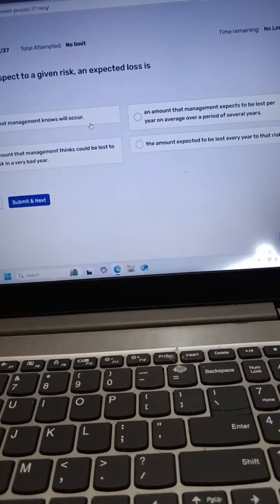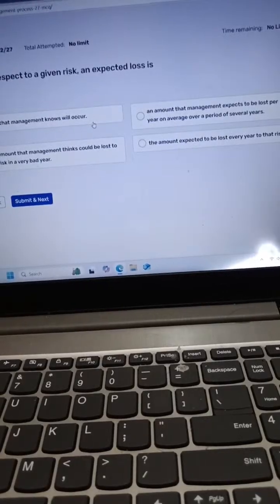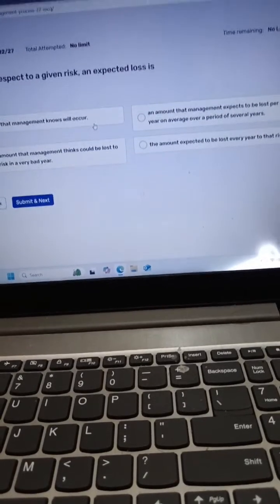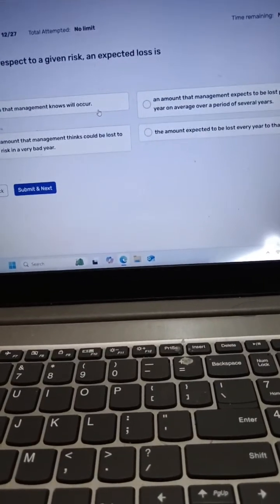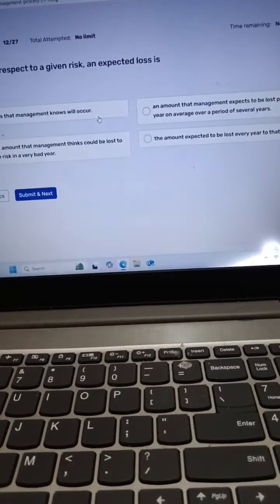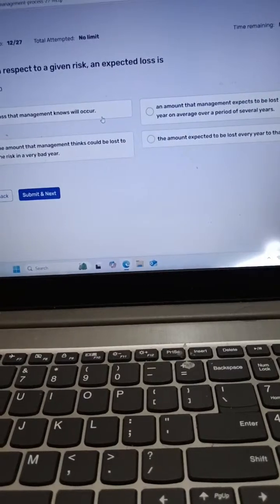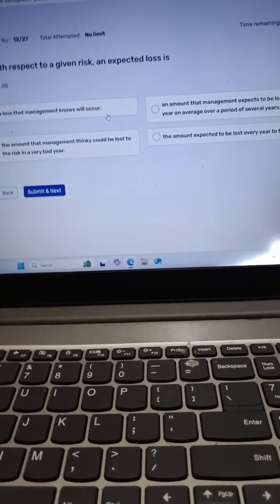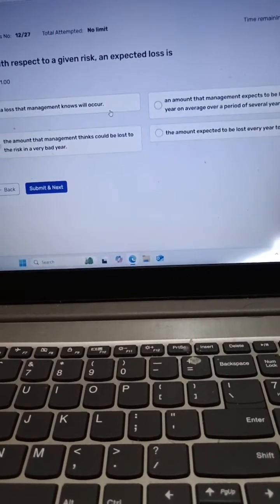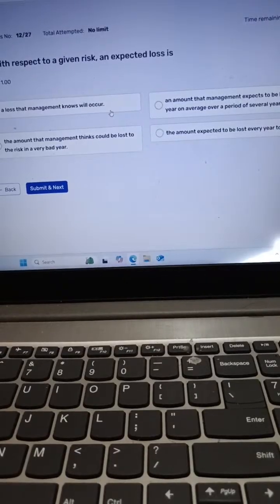That is not fixed, that cannot be measured, and the amount that management thinks could be lost to risks in a very bad year. Expected loss is the amount that management expects to be lost per year on average over a period of several years. Expected loss amount every year from that risk.